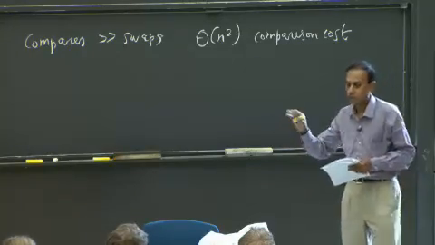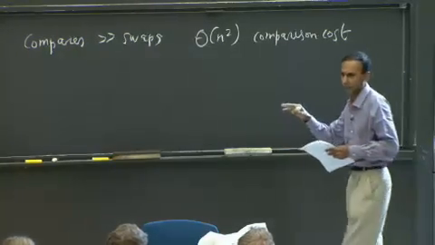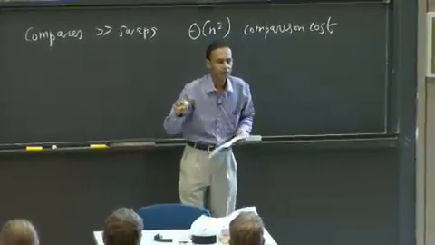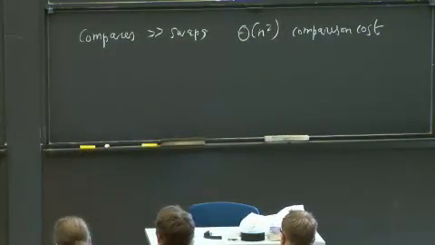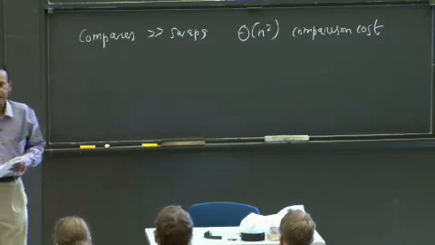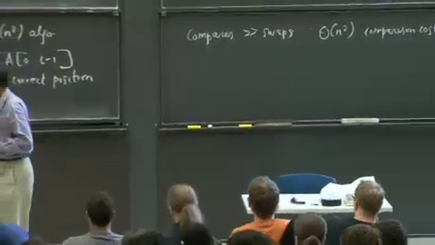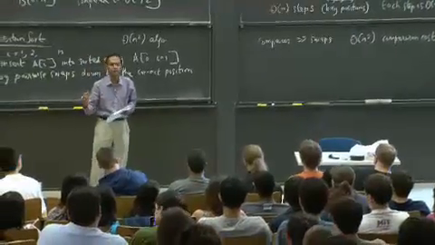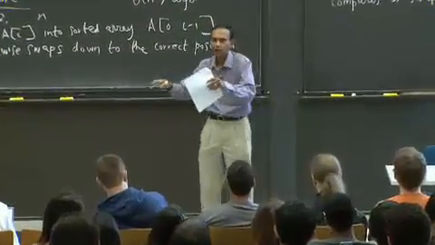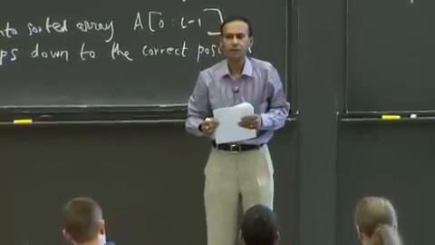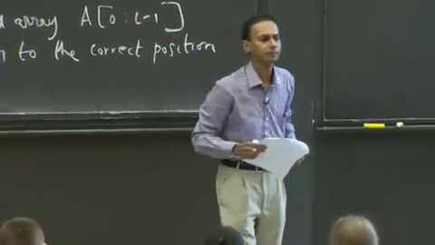This is a cushion question. What's a simple change to this algorithm that would give me a better complexity in the case where compares are more expensive, or where I'm only looking at the complexity of compares? Anyone? Yeah, back there.